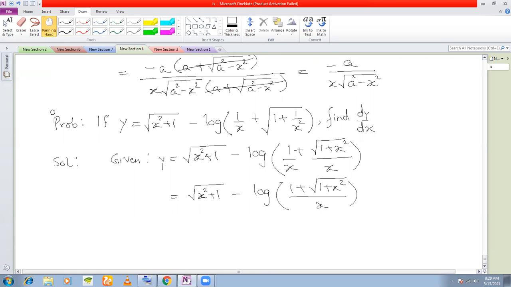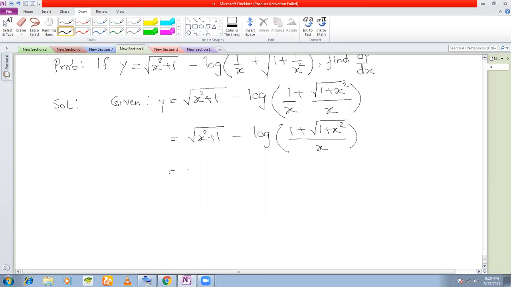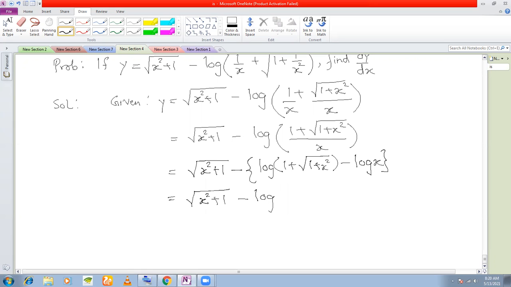Now what you do here is, this is log m by n form, the second one. So you write it as log m minus log n, plus log x.